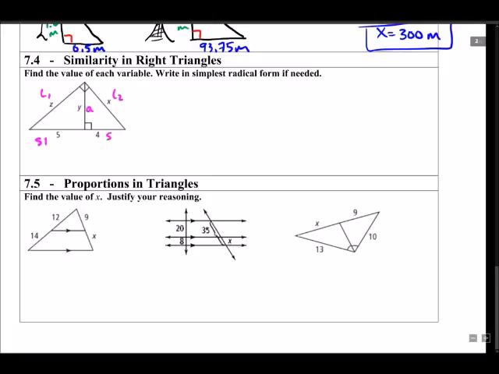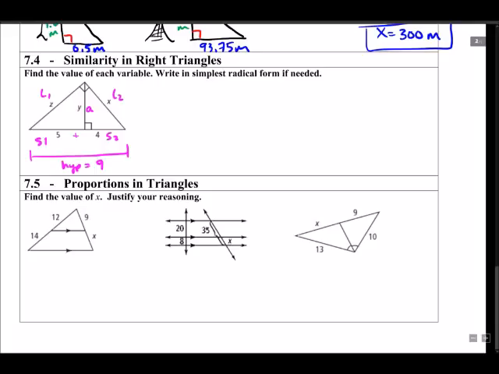Leg 2, segment 2, and this entire thing here is my hypotenuse, which is 5 plus 4 is 9 units long, right? 5 plus 4 gives me the whole thing. Now I'm going to start working. Find the value of each variable. Write it in simplest radical form as necessary. So the reason we can do this is we've got a right triangle with the altitude to the hypotenuse.